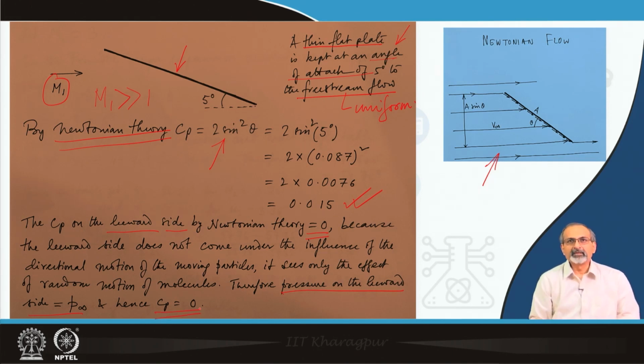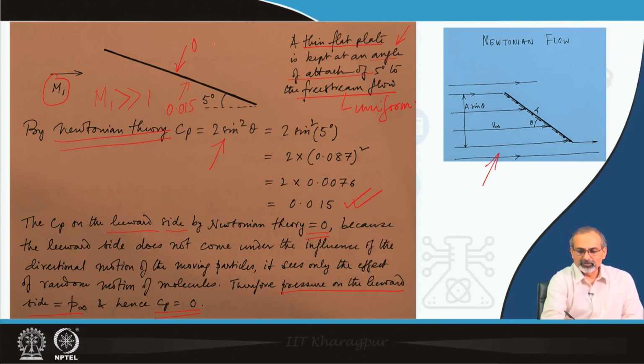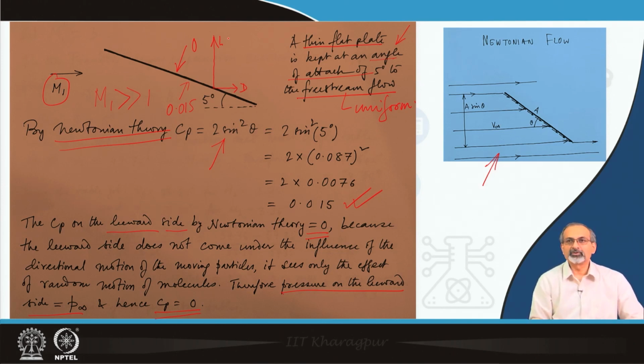This basically means that you have a Cp value of 0.015 acting on the lower or windward surface, and a value of 0 acting on top. Based on the Cp distribution, if you resolve them parallel to and along the direction of the flow, you would end up getting a lift and a drag value, from where you can compute the Cl and Cd acting on this flat plate.